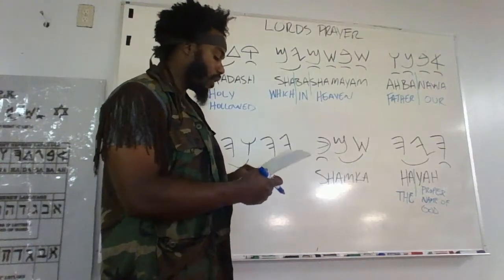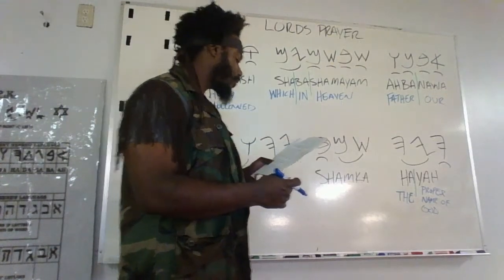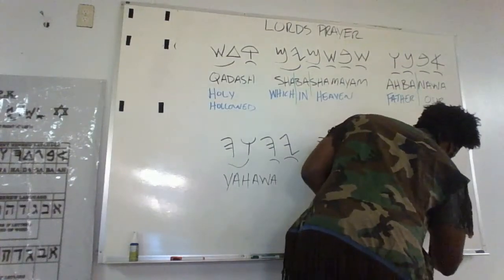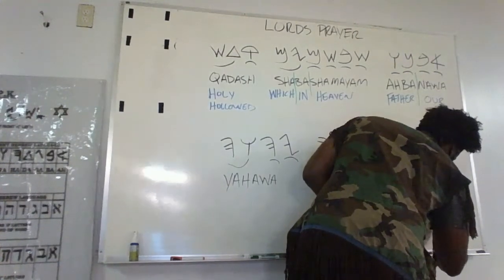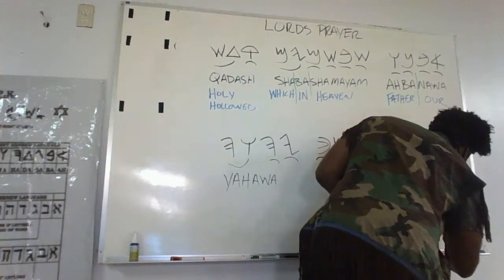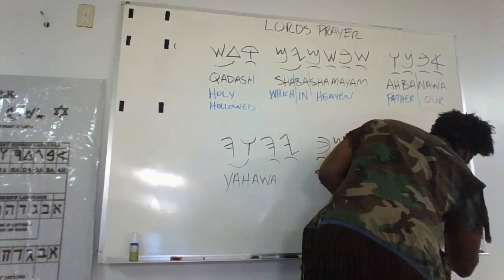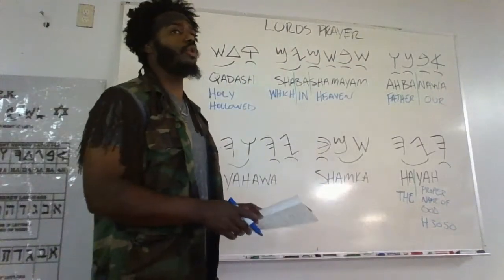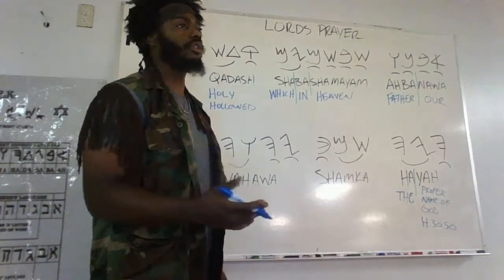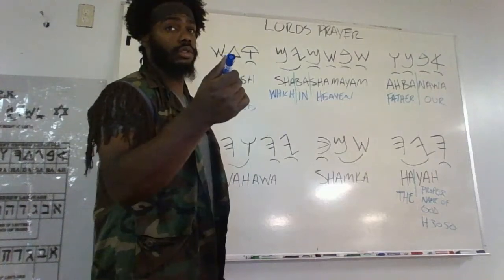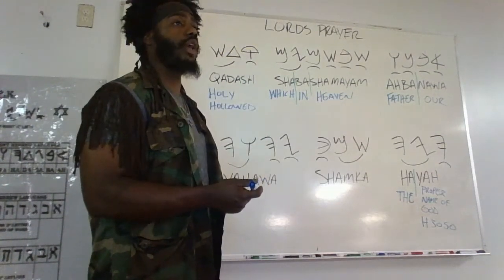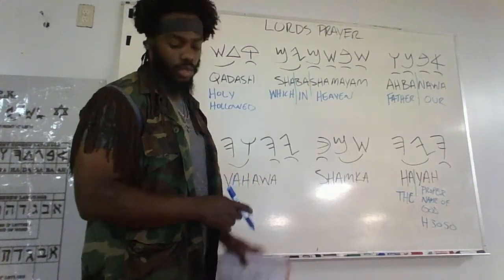To give context, if you're going to look it up in the Strong's Concordance, this is H3050. If you have the Blue Letter, you got a Strong's? No sweat. Anybody got the Blue Letter app on their phone? Pull that up.